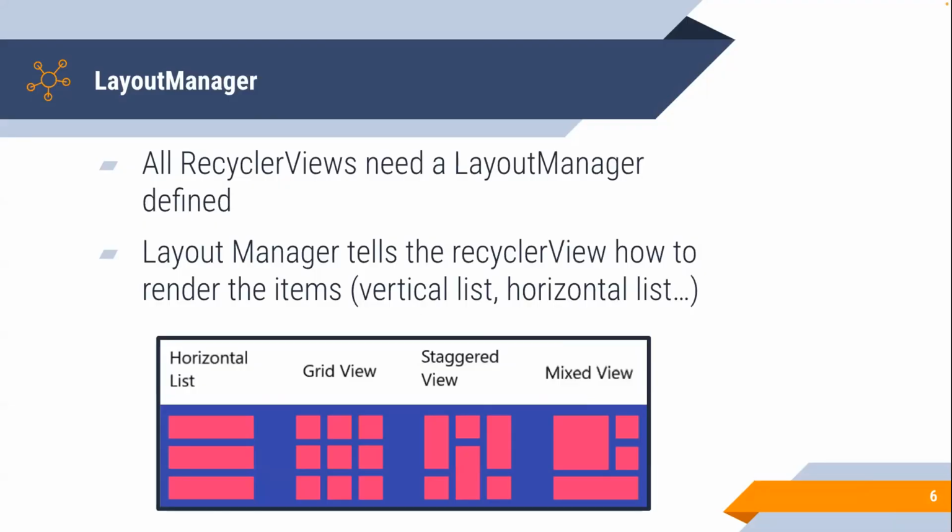Another big reminder that's going to be important when you're coding: if you don't define a layout manager for your recycler view, when you run your code, your app will just crash instantly. So make sure that you define a layout manager. I definitely recommend linear layout manager. That's the simplest one. It just arranges it in a horizontal list kind of view.